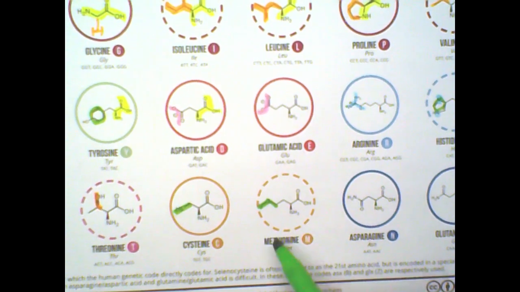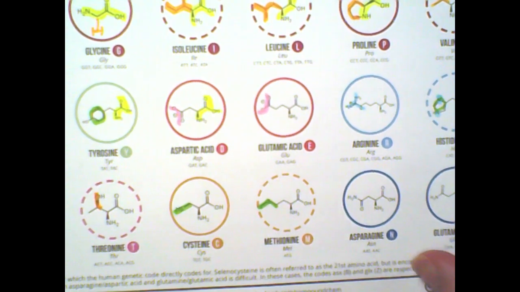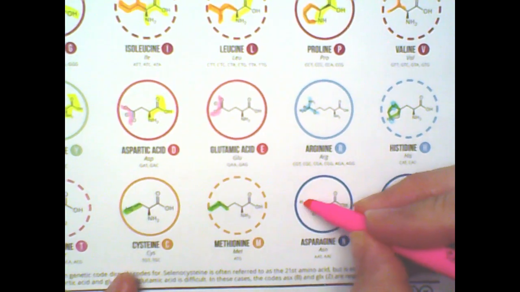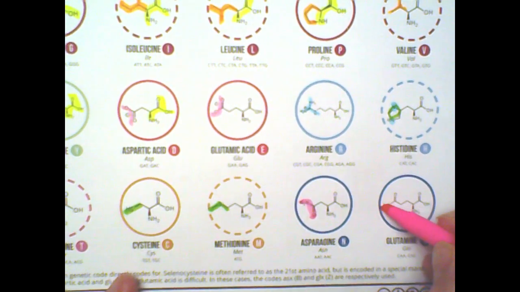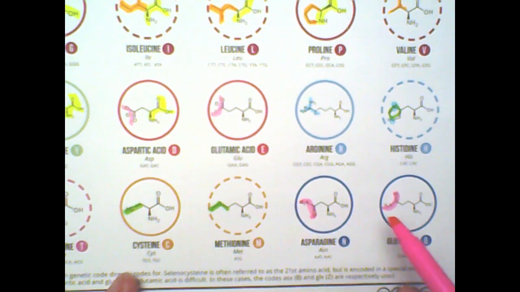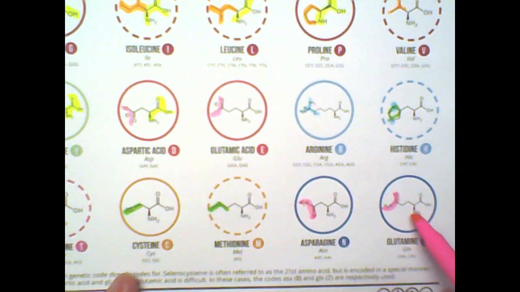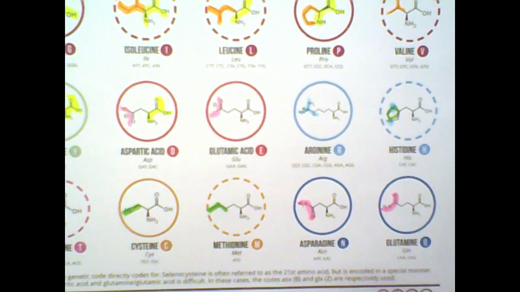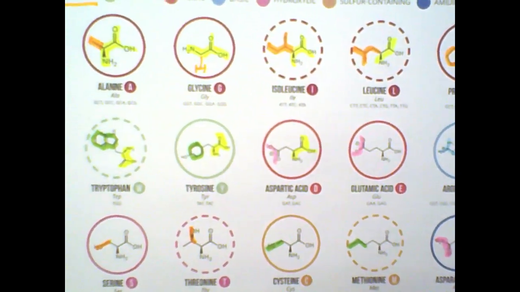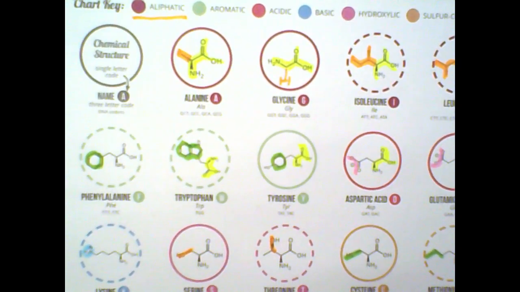CSC, there's a thioether, methionine. And here is the amine with a carbonyl, an amide. So asparagine and glutamine are amides. That is all 20 of the common amino acids and the functional groups found in their side chains.